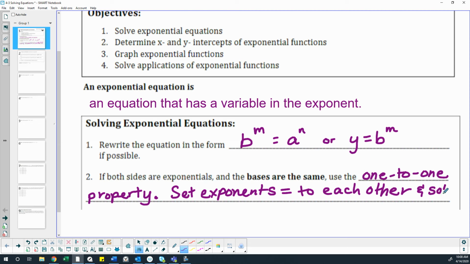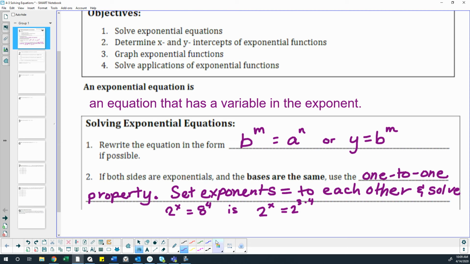Like I said, we saw that in, I think, section 4.1. Let me think of a quick example. If we have 2 to the x power equals 8 to the 4th, then we could rewrite that as 2 to the x power equals 2 to the 3rd times 4, because 8 is 2 to the 3rd, but it already has a 4th power, so we need to multiply those together.